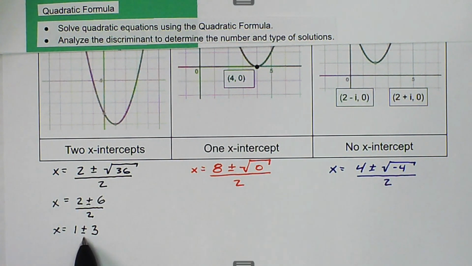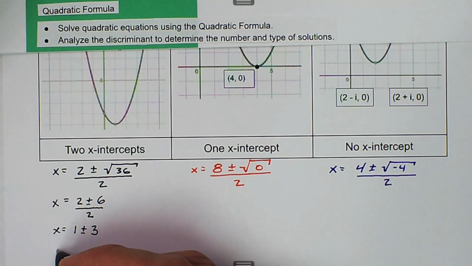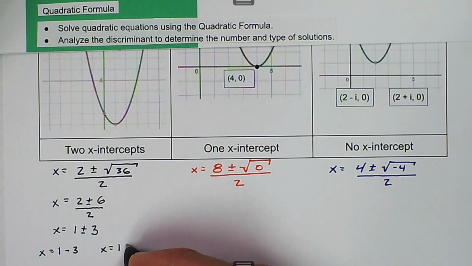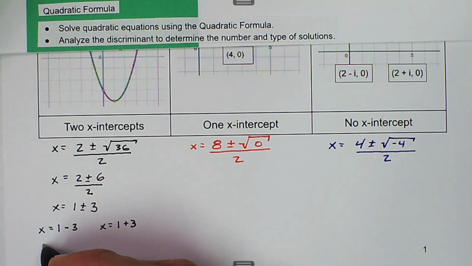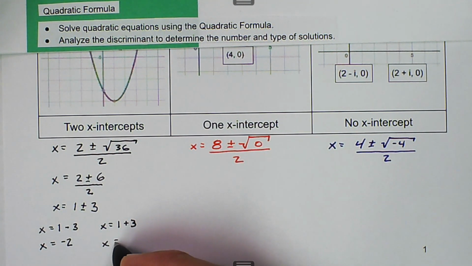And that's where the plus or minus comes in. So we actually evaluate this twice. Then we get x equals 1 minus 3 and x equals 1 plus 3. So in this case, we get x equals negative 2, and here we get x equals 4.